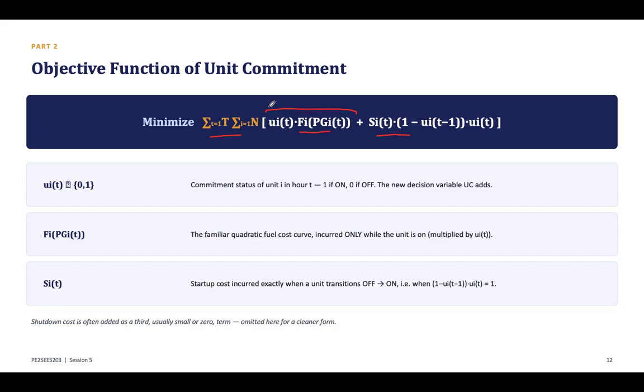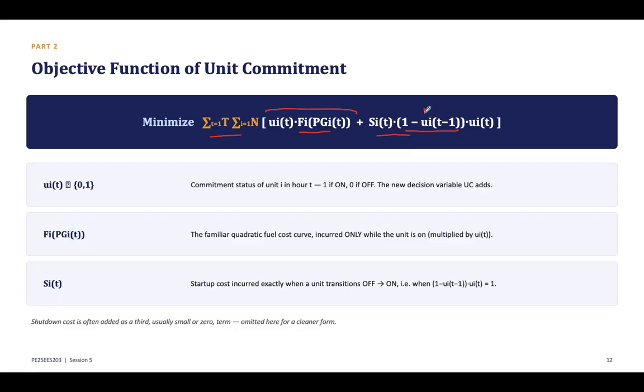So the startup term detects the transition from off to on. Obviously, if the unit was off in the previous hour, then what you have inside the bracket will become 1, because this becomes 0, so this becomes 1.